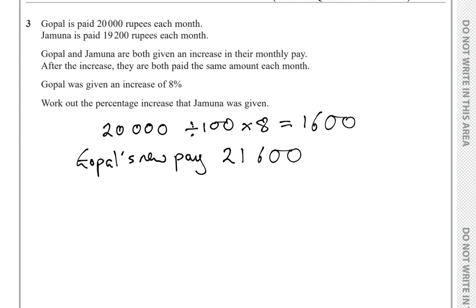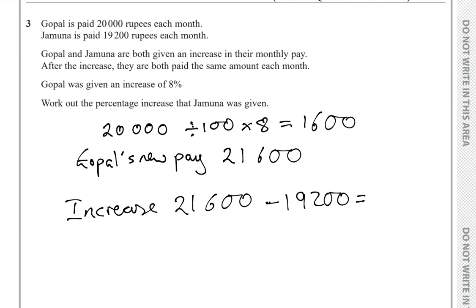So we've got the increase that she would need to get, if they're to be paid the same, is 21,600 minus. So this is the actual increase, which is 2,400. And we want that as a percentage.